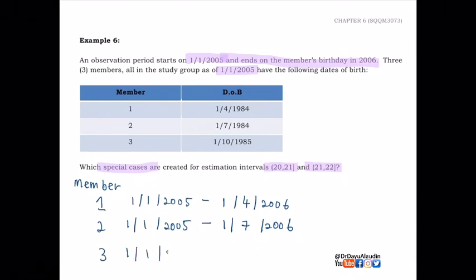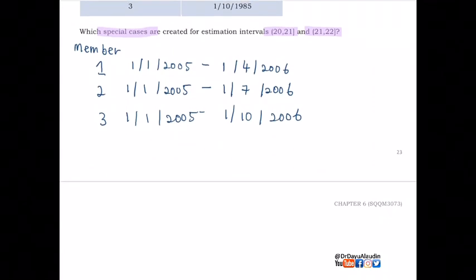And member 3, 1st January 2005 until 1st October 2006. So how to determine the Ri and Si? Let's draw the timeline for member 1. To determine the Yi and Zi, remember we need 3 basic pieces of information.